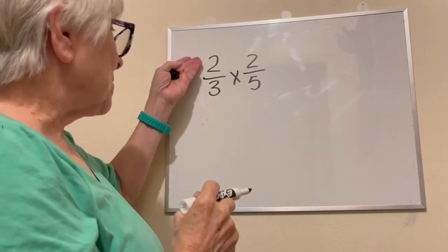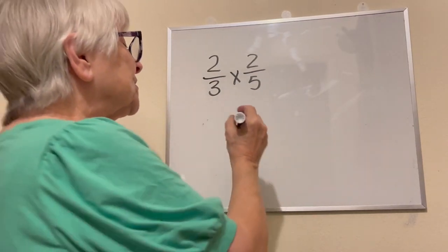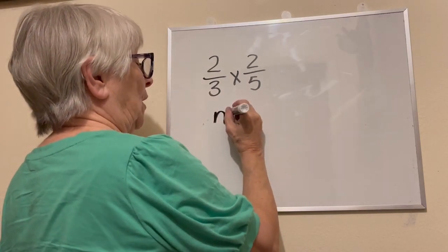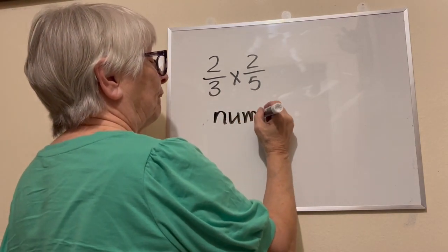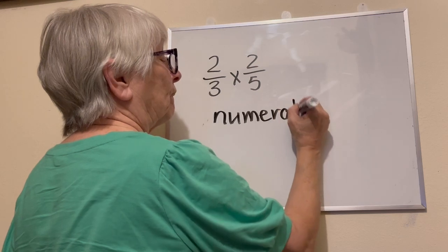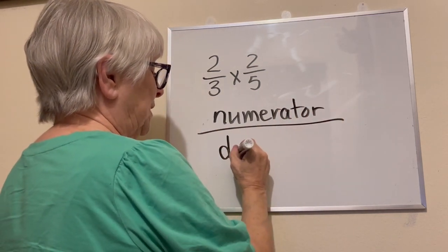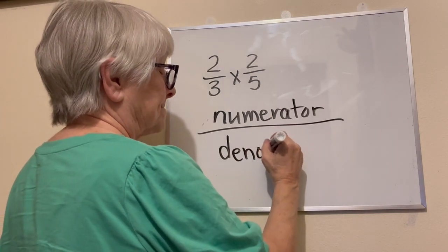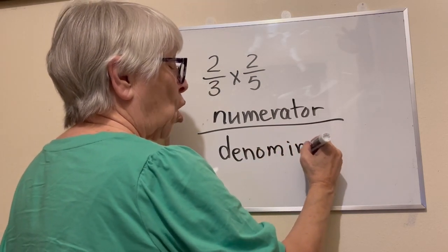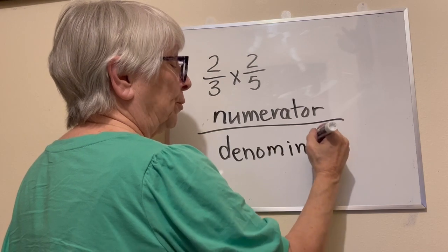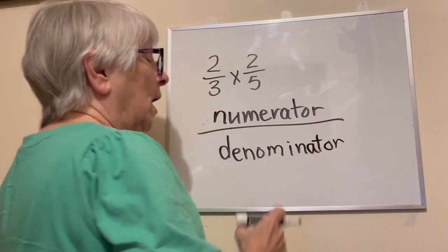Now that's the top of the fraction and the bottom, but the top is called a numerator, and the bottom is called denominator. Those are long words. That's why I don't use them in my song.